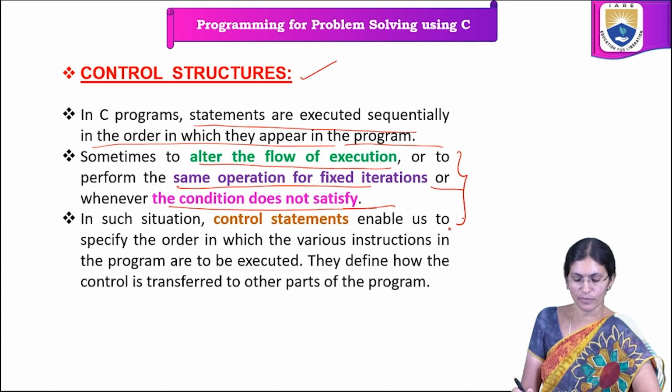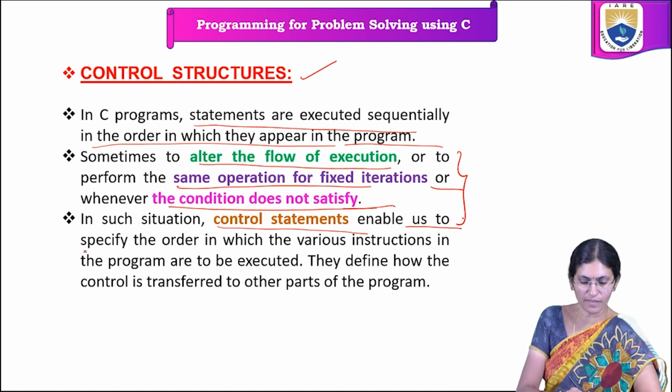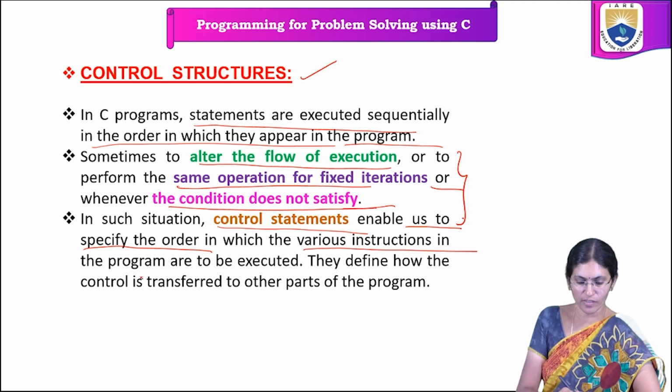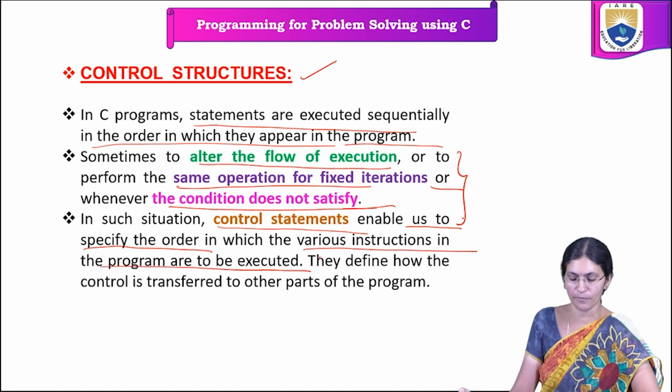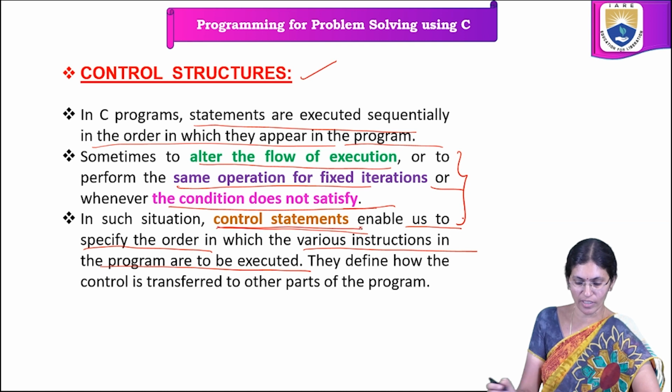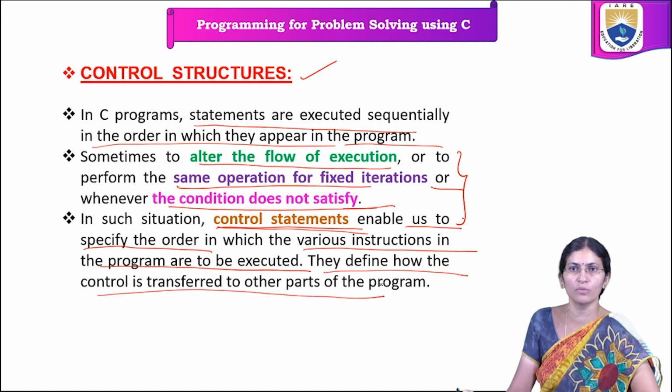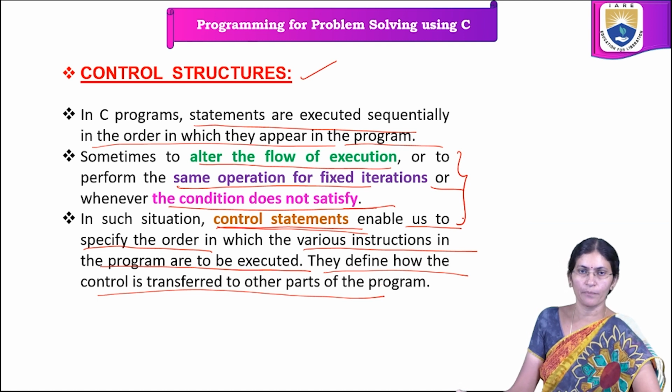In such situations we will use control statements. These statements enable us to specify the order in which the various instructions in the program are to be executed. How the control is transferred is dictated by these control statements. They define how the control is transferred to other parts of the program.